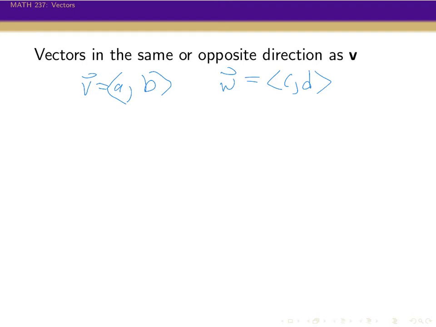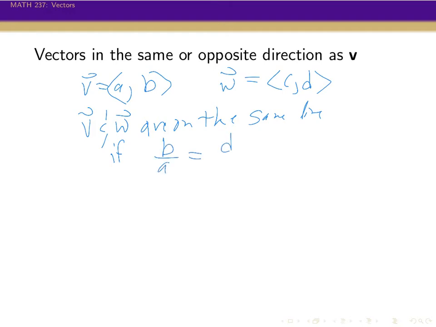Well, from what we saw before, V and W are on the same line if the slope of V is equal to the slope of W. So you can think about this as talking about the slope of V, and this is talking about the slope of W. So if that's true, then they're on the same line.